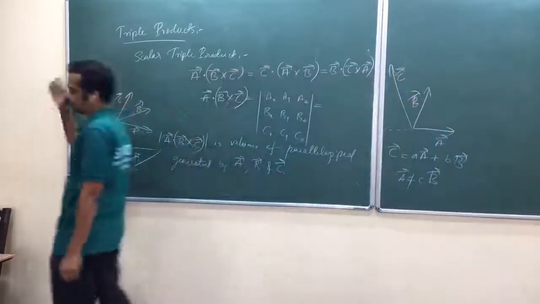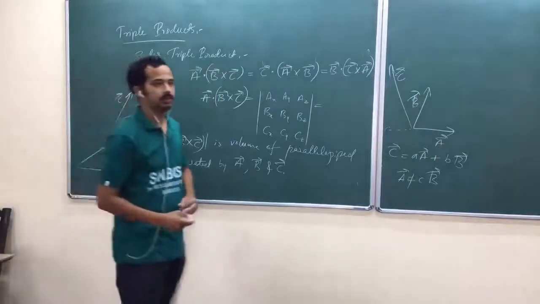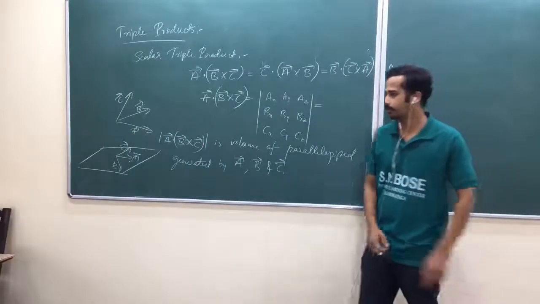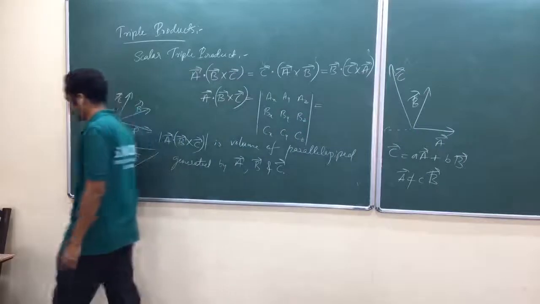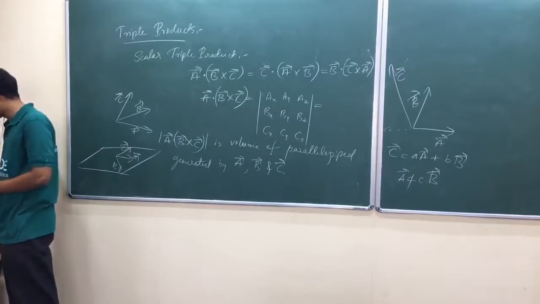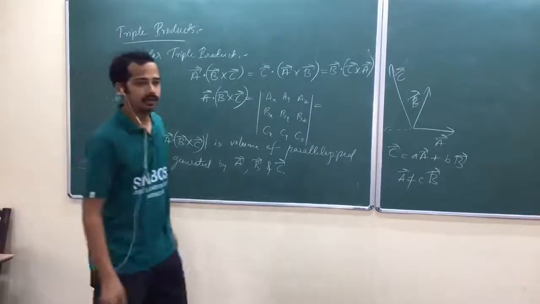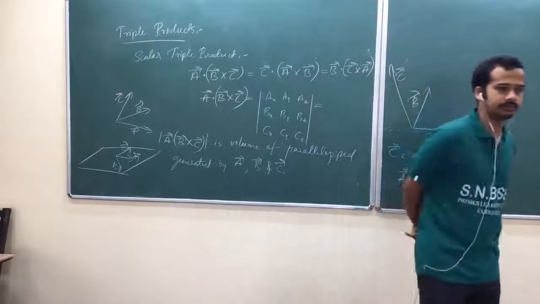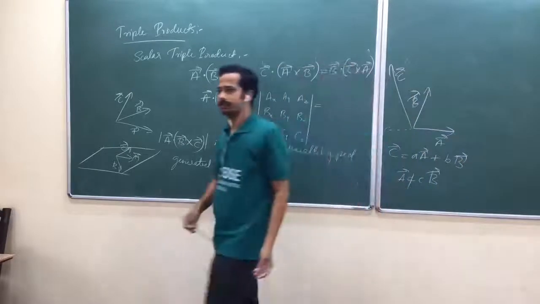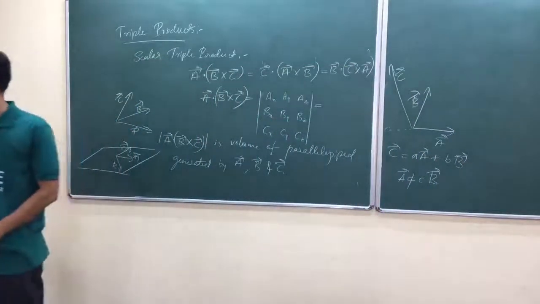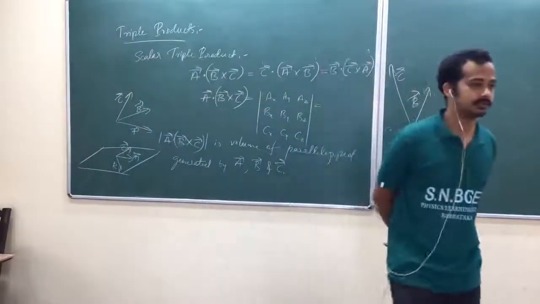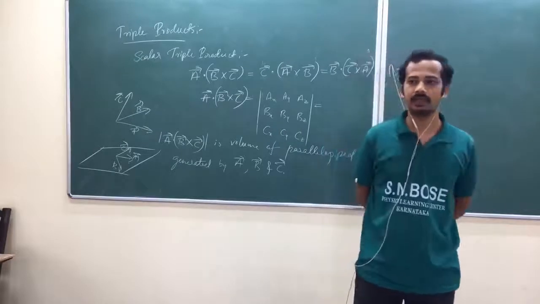Full stop. If they are coplanar, one vector can be written as a linear combination of the others. That's what I wanted to argue here. One vector can be written as a linear combination of the other, and we say they are linearly dependent, not independent.